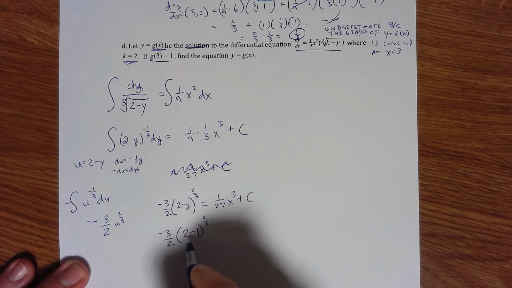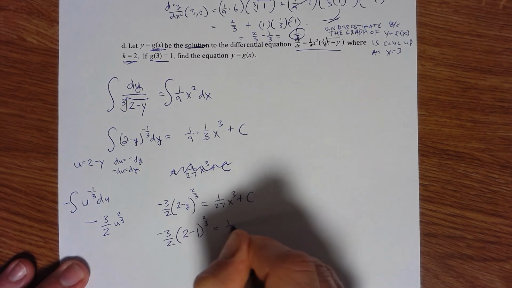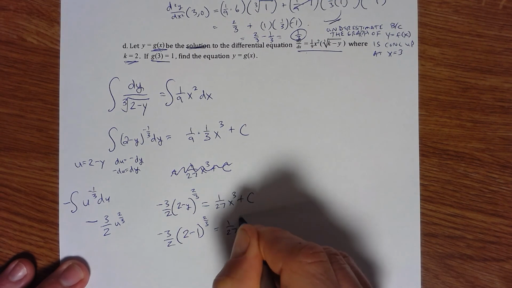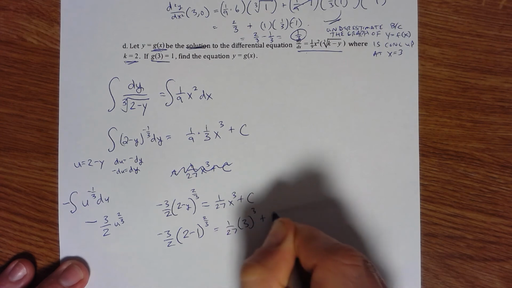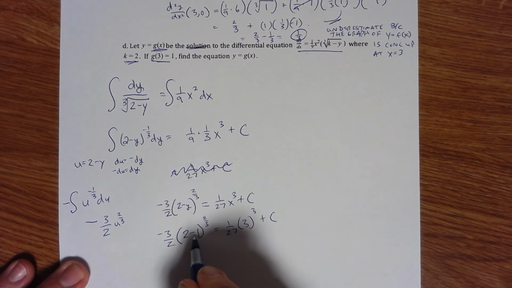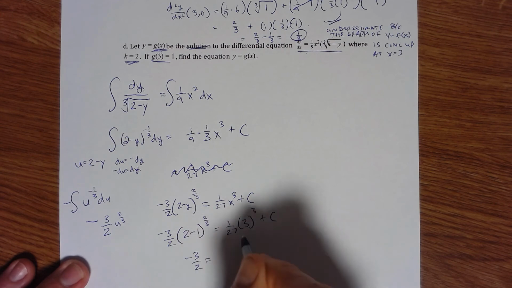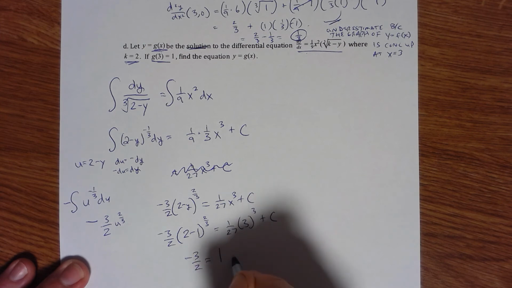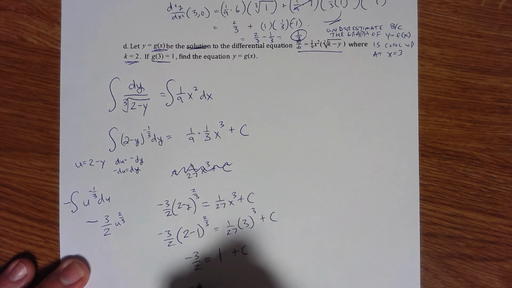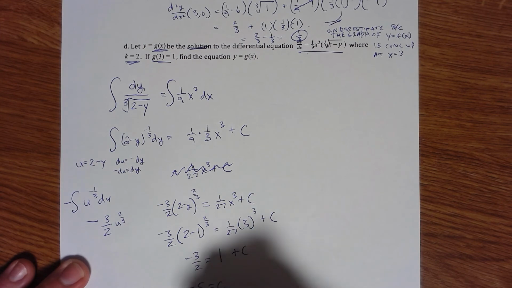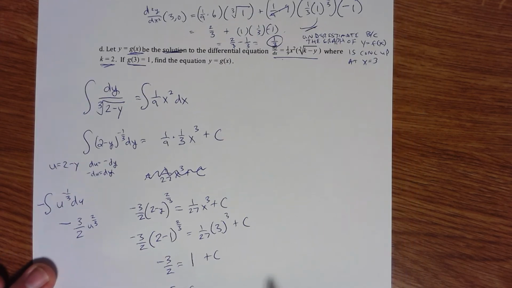So we have -3/2 times (2 minus 1) to the 2/3 equals 1/27 times 3 to the third plus c. So 2 minus 1 is 1, and 1 to any power is 1. So this side is -3/2. 3 to the third is 27, and 1/27 of 27 is 1. Subtract 1 from both sides, and we get a c value of -5/2.